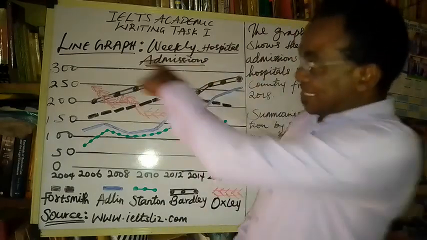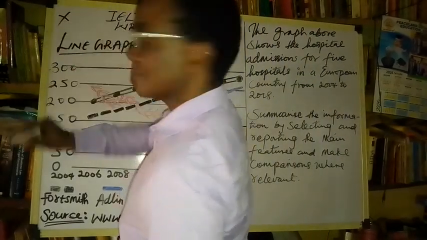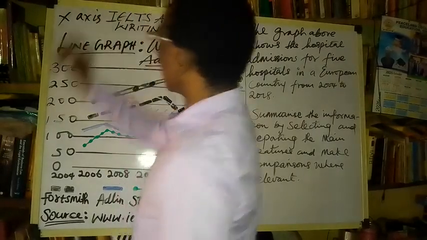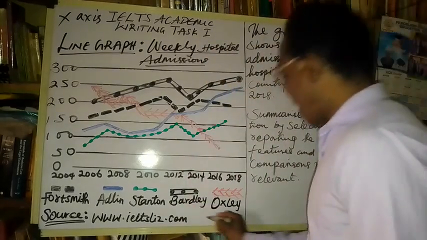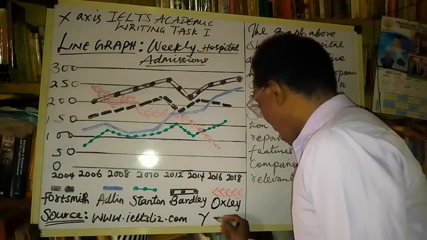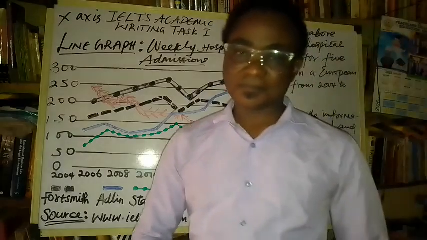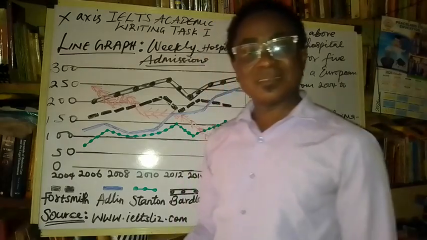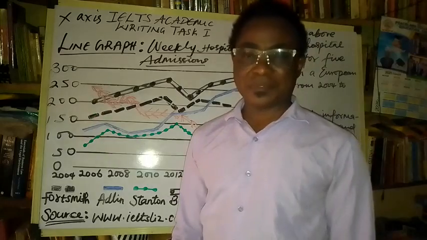The vertical axis can also be called x. It's called the x-axis. While the horizontal axis can also be called the y-axis. The x-axis represents the dependent variables.